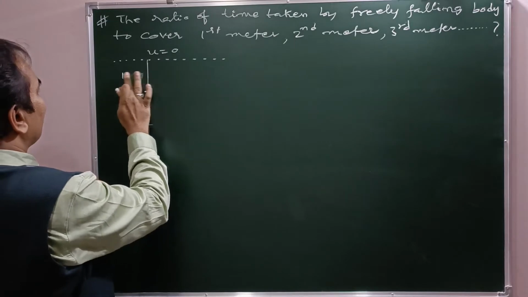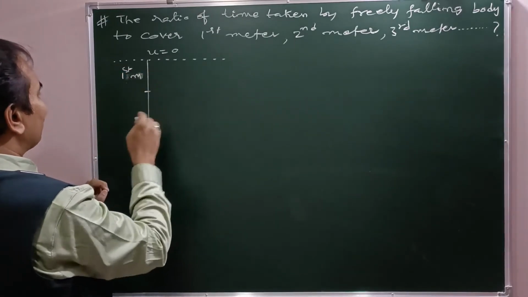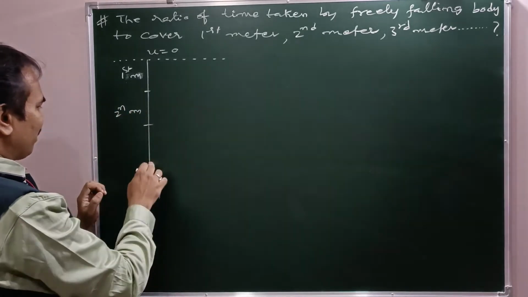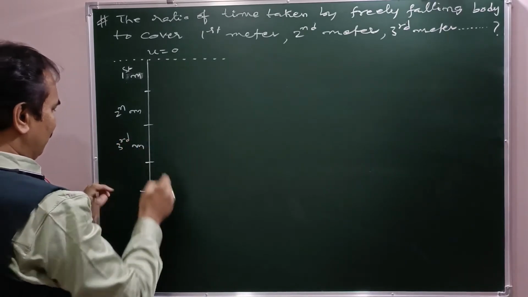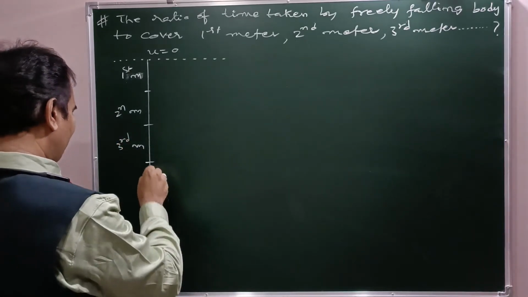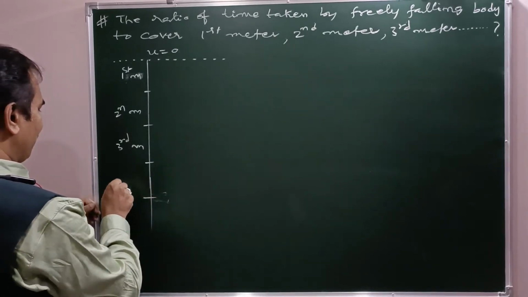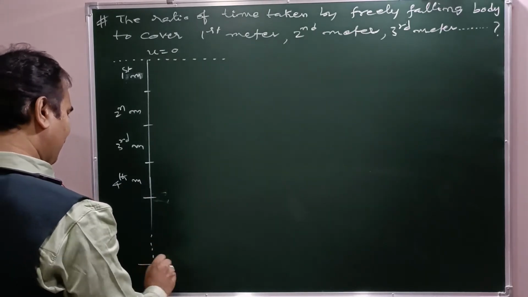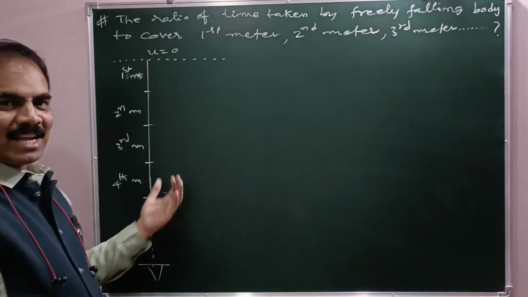First meter. From here to there, second meter. From here to there, third meter. From here to there, fourth meter, like that. See, the body is going to move vertically downwards as shown.